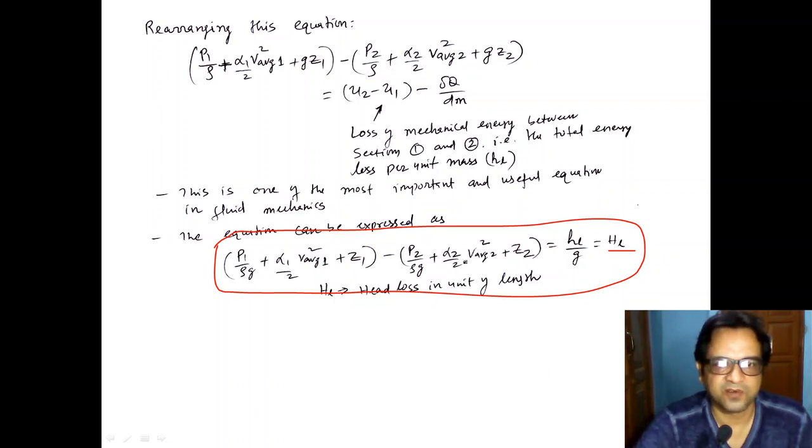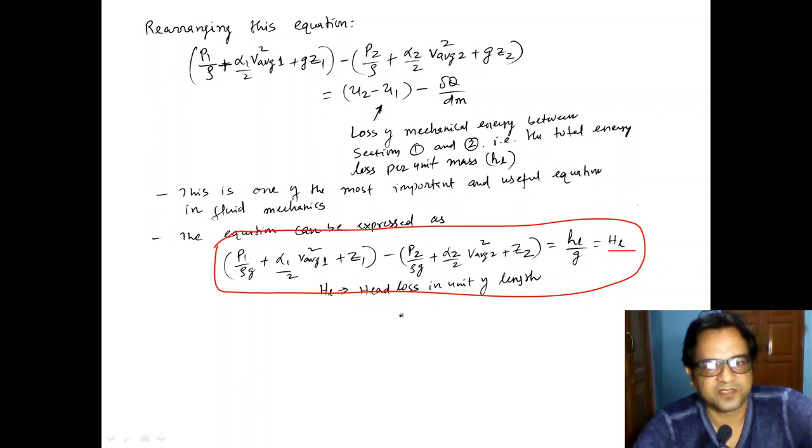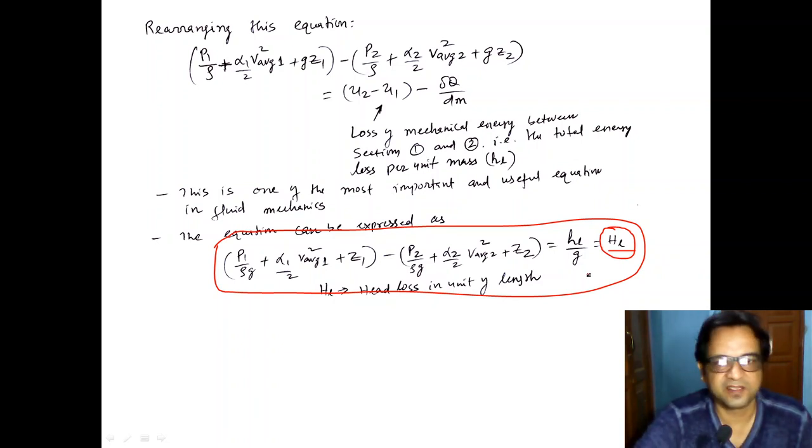So here alpha 1 and alpha 2 are the kinetic energy correction factors at section 1 and section 2. The total energy at section 1 minus the total energy at section 2 between any 2 points will be equal to the head loss in terms of the unit of length. So this equation can be used to find out the head losses.